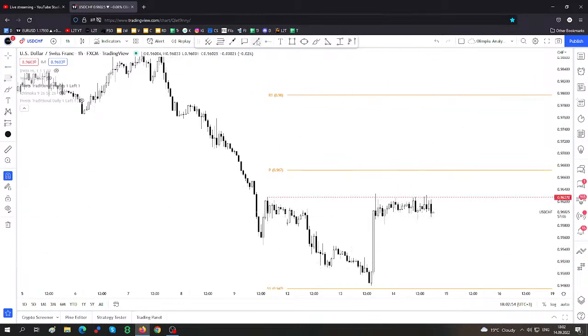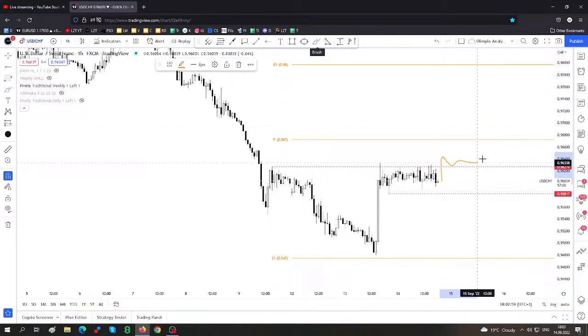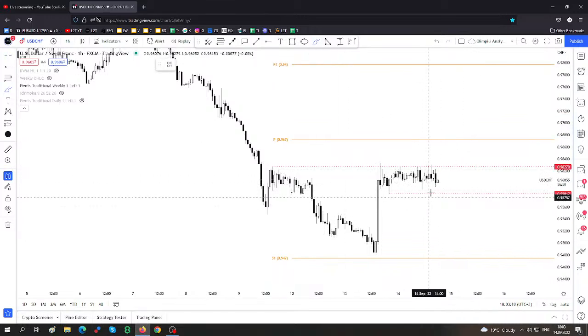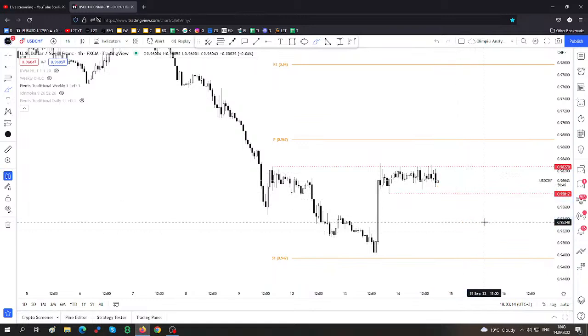Resistance test, retests. Support. A new higher high could signal maybe potential further growth, an upside continuation. And staying below this level 0.9627, a new lower low could signal a potential sell-off in the short term.